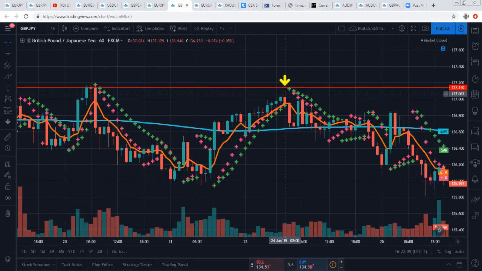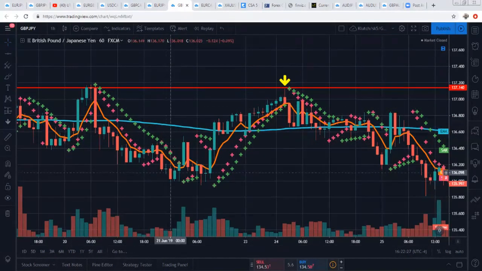So any bullish bearish candle, as long as it has a bullish bearish and a lower low, and it's leaving the zone. This red line marks your zone. It marked the zone and it left, right?